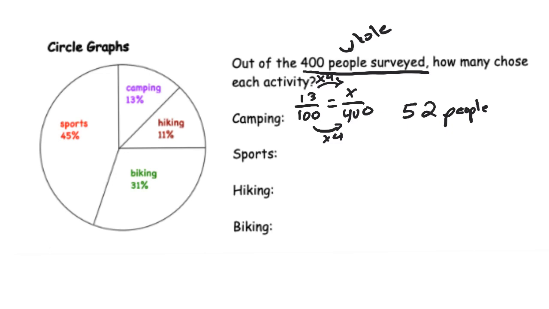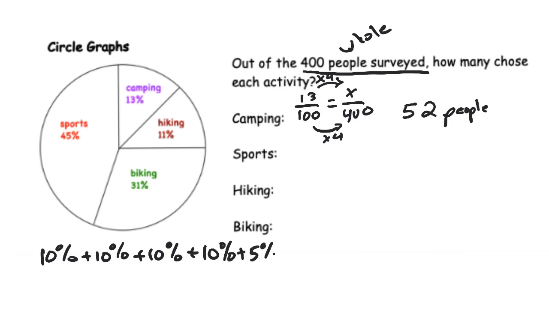Or I can think about 45% is really just 10% plus 10% plus 10% plus 5%. So, I need one more 10% in there. Let me get that in there. Plus 10% plus 5%. Because then that's 10, 20, 30, 40 plus 5 more is 45%.